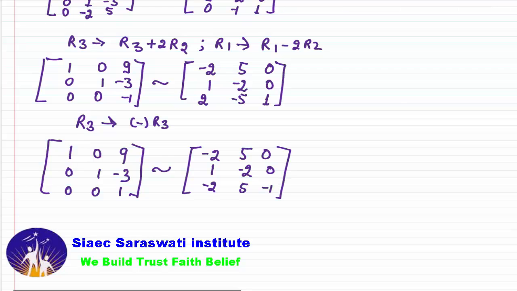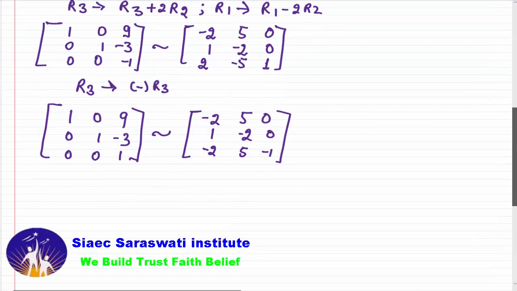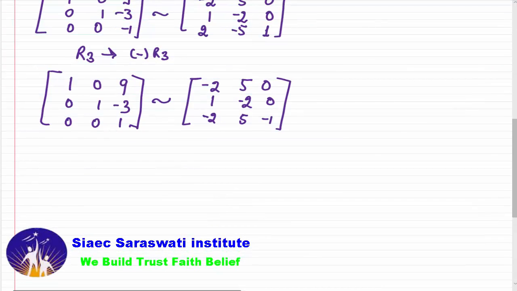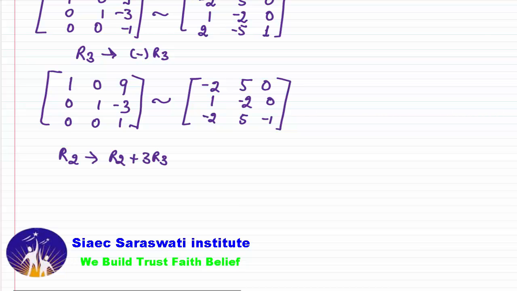Okay, so now the next target, that the positional element of third row third column, the above elements must be 0. So for it, the property will be R2 plus 3 times of R3. Okay, and for R1, that will be R1 minus 9 times of R3.